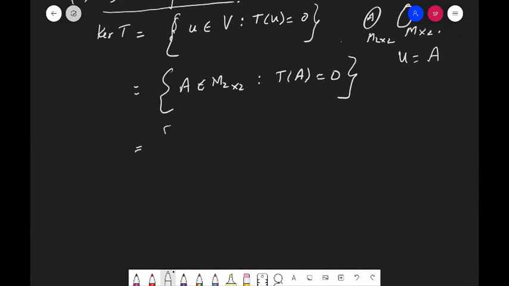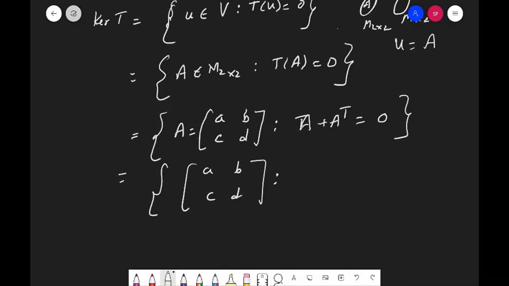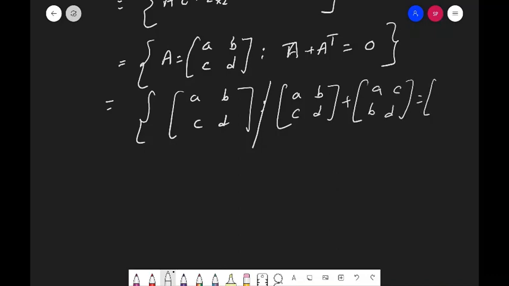Now any matrix in M2 by 2 is a second order matrix A, B, C, D, such that T of A is 0. What is T of A? A plus A transpose is equal to 0. That is a matrix A, B, C, D such that A, B, C, D plus the transpose of A, B, C, D is equal to 0, 0, 0, 0.